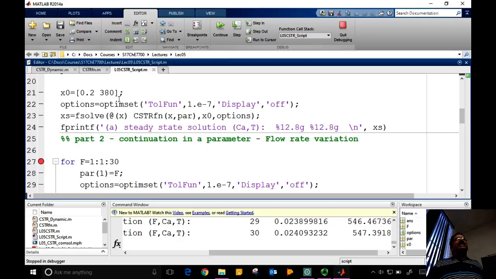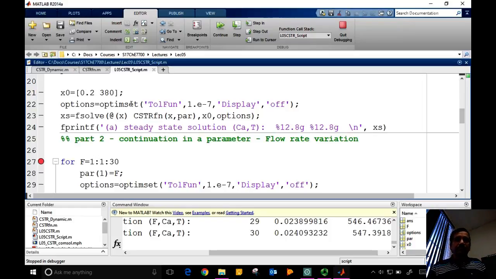If I give a different guess, what do you expect? It will converge to the same value, right? If there is a unique solution, no matter where you give your initial guess, it should converge to the same solution. But if you have multiple states, then depending on where you give your initial guess, it will go to the closest solution that it finds.